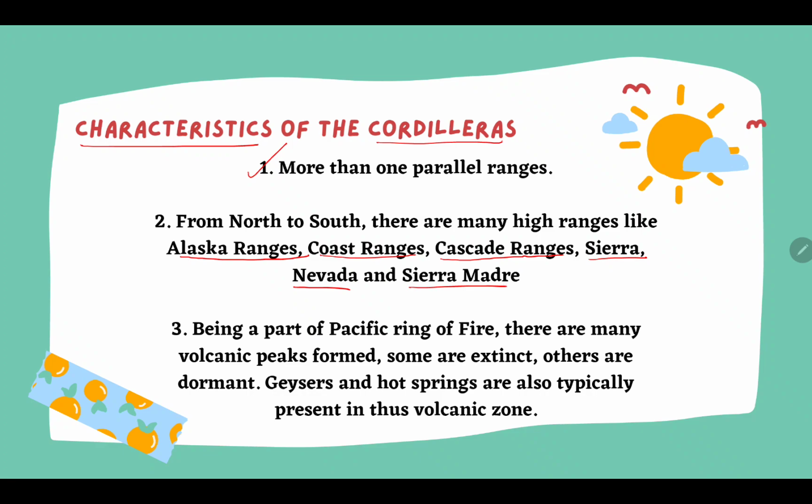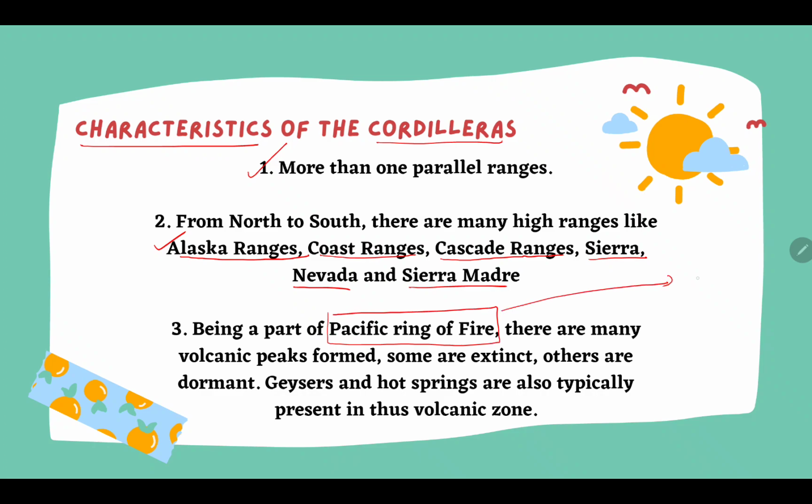In India also there are different ranges, like Mount Kanchenjunga, and in Nepal we can see Mount Everest. So in North America also there are different high ranges, known as the Alaska Ranges, Coast Ranges, etc.